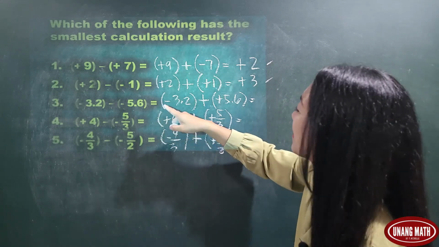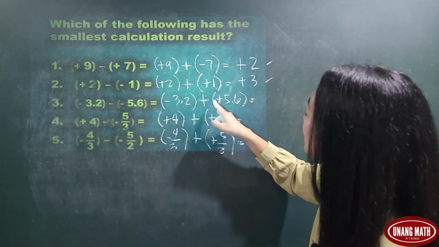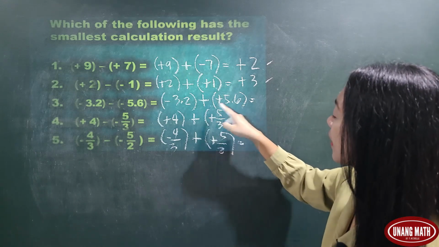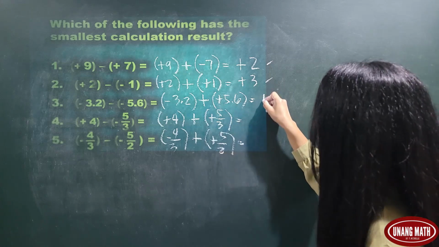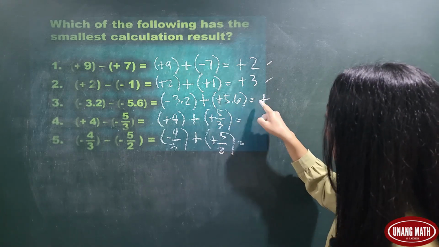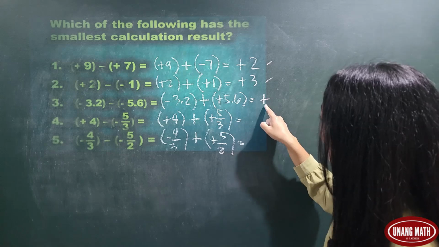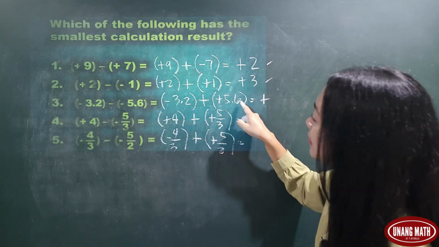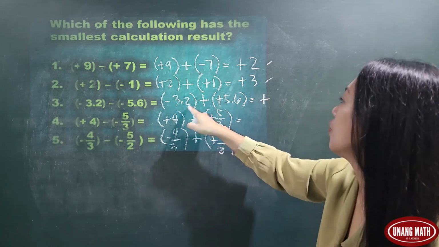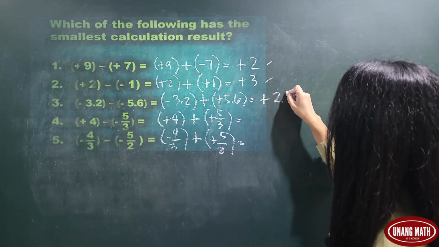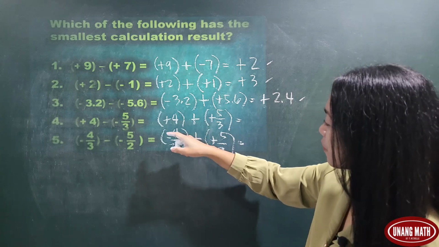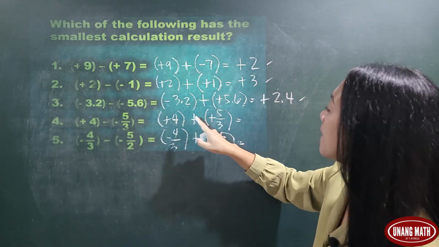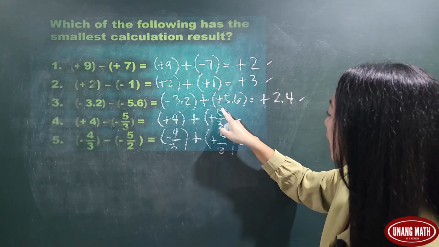Okay, third number, negative 3.2 plus positive 5.6. Different signs, so we need to follow the sign of the larger number. The larger number's sign is positive, so our answer must be positive. Get the difference, 5.6 minus 3.2. The answer is 2.4, so positive 2.4. How about number 4? Positive 4 plus positive 5 over 3.